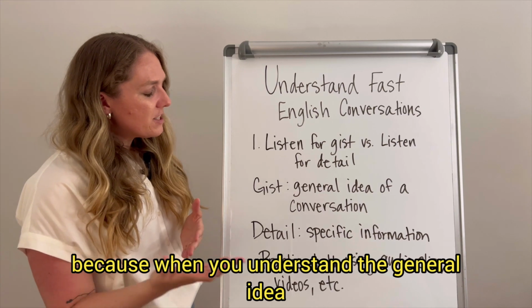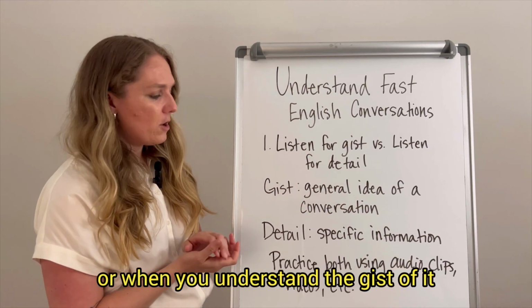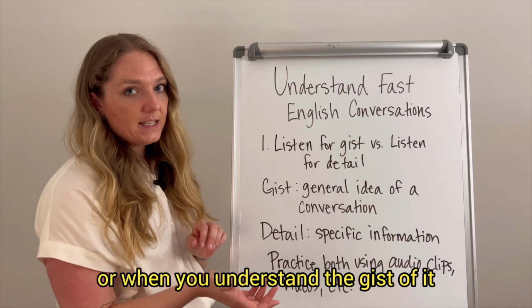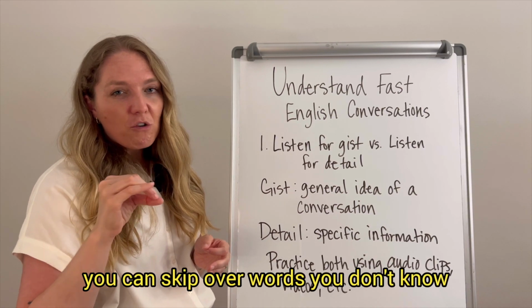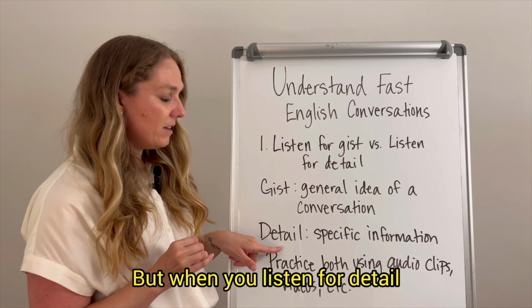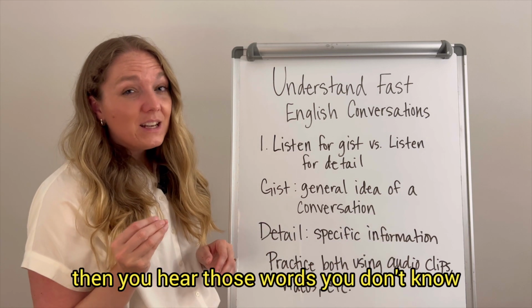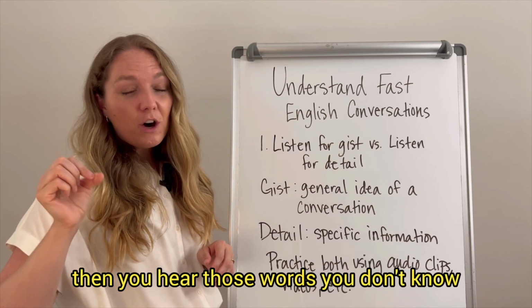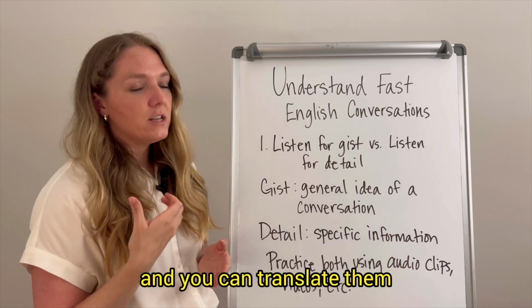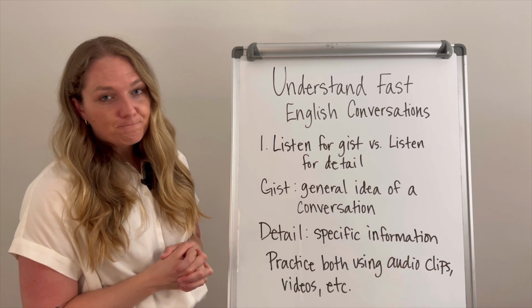Because when you understand the general idea of a conversation, or when you understand the gist of it, you can skip over words you don't know. But when you listen for detail and you listen for specific information, then you hear those words you don't know and you have to pull them out and you can translate them or you can figure out what they mean.